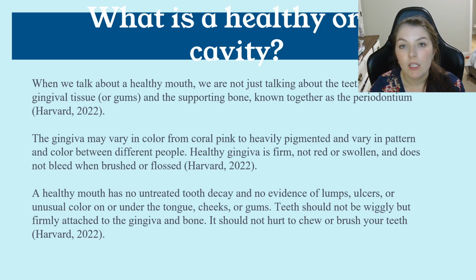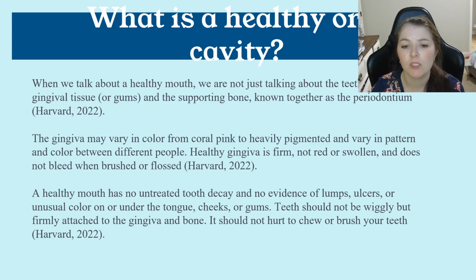They should not bleed when brushed or flossed, and gums that are swollen or bleed easily are often signs of gingivitis or an early stage of gum disease. A healthy mouth should be free from tooth decay. There should be no lumps, sores, or unusual discoloration in the mouth. The tongue, cheeks, and gums should have a consistent appearance with no signs of infection or disease.